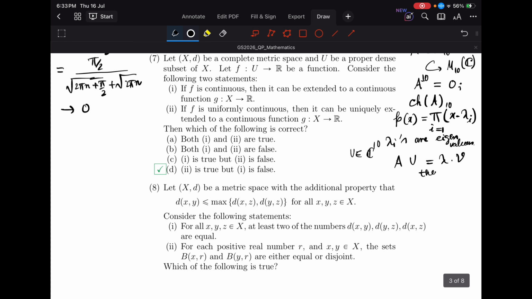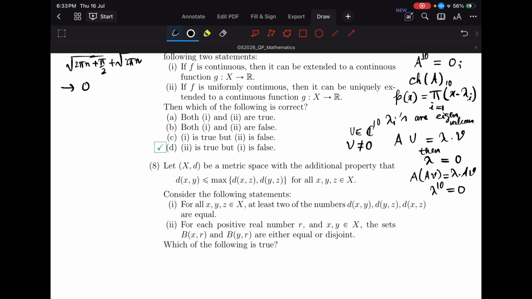Then lambda has to be 0, right? It is clear, because Av equal to lambda v, then apply A repeatedly on both sides. So you have A of Av equal to lambda times Av, and then just replace Av by lambda v, and you will have lambda power 10 equal to 0, because v is non-zero, because that is the definition of eigenvalues, that you have a non-zero vector such that this is possible.